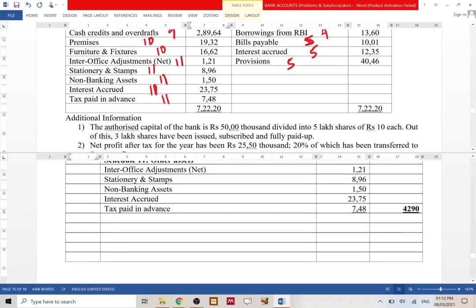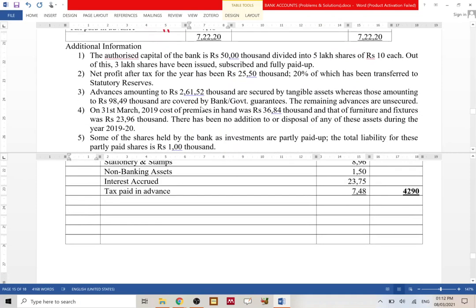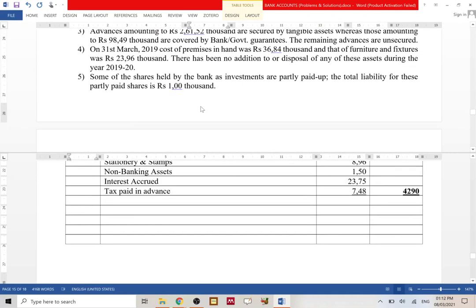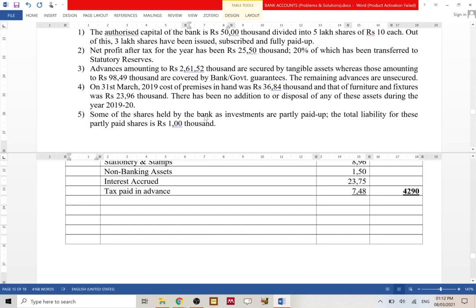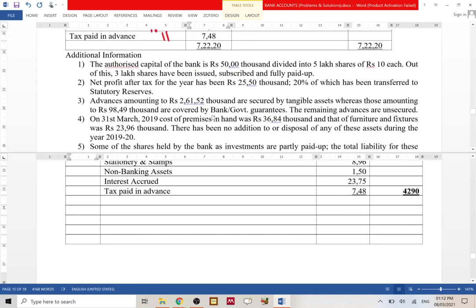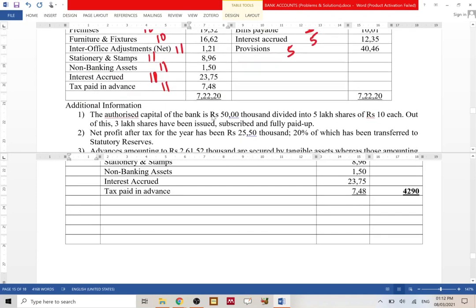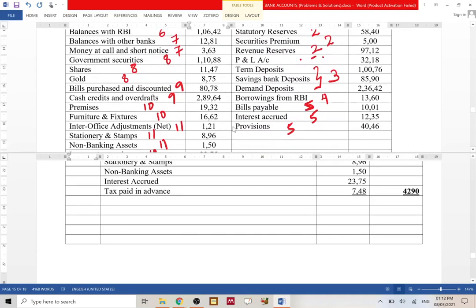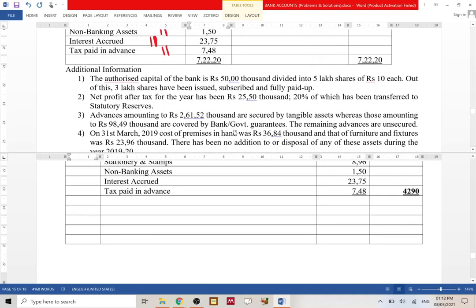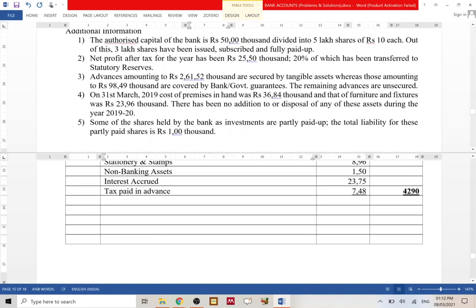Done, that's it. And the only other schedule that we have left is Schedule 12, that is meant for contingent liabilities. Okay. So let's see. Schedule 12, contingent liabilities.